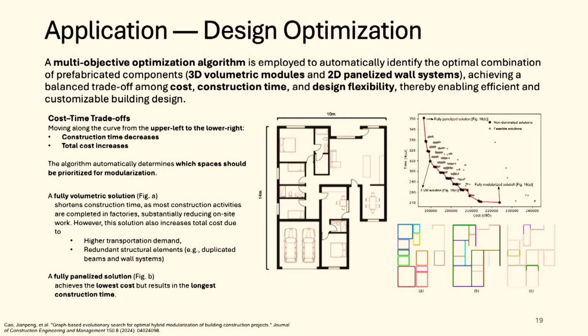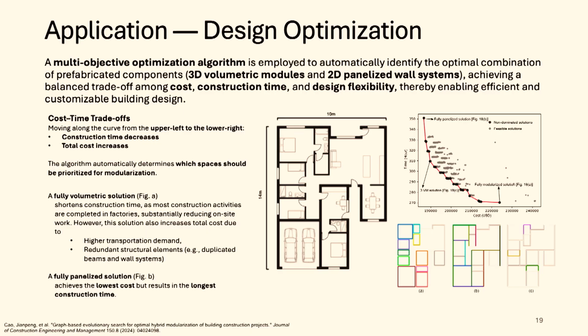But what I want to highlight is, if you look at the Pareto front from the left top corner to the right bottom corner, you will see this basically follows the fully parallelized approach to the fully modularized approach. So if you give me a design like this, the algorithm can help you identify which space in the given floor plan should be prioritized first for modular construction.